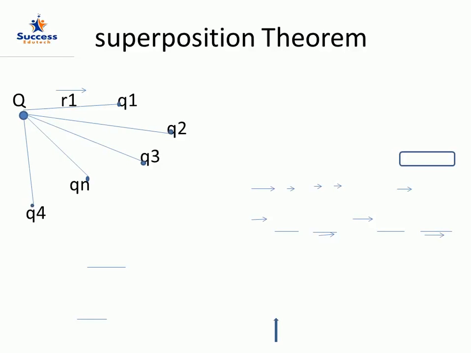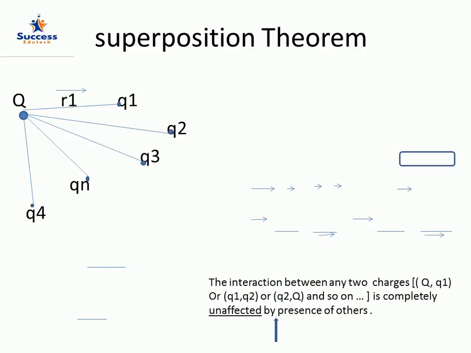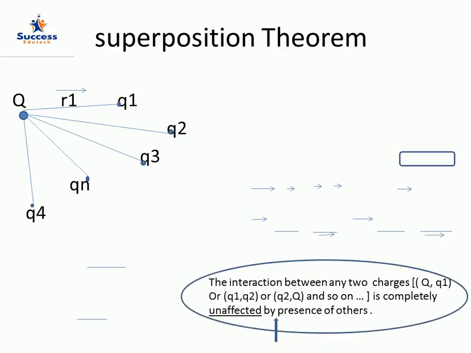Since Coulomb's law gives the force between only two particles, here the superposition theorem comes into the picture, which states that the interaction between any two charges, that is capital Q, Q1 or Q1, Q2, Q2, Q, and so on, is completely unaffected by the presence of others.